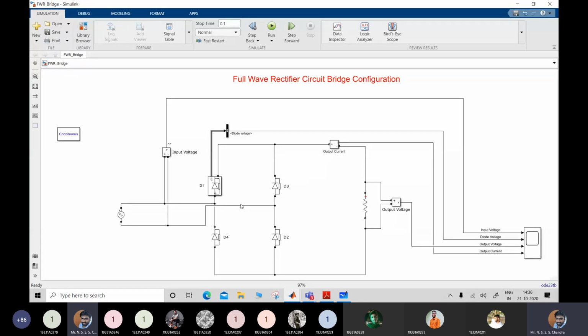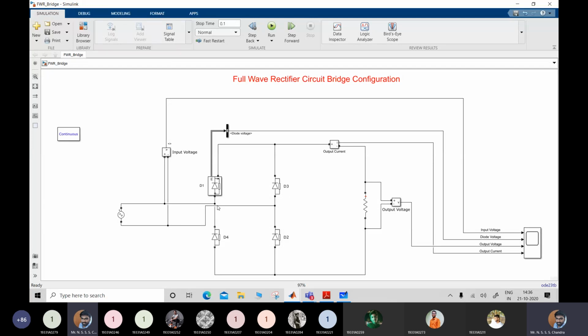Okay, and there we are giving the supply between these junctions. Between the D1 and D4 diodes we have a node. At this node we give one terminal of the supply, and the other terminal of the supply we give to the junction between the diodes D2 and D3.